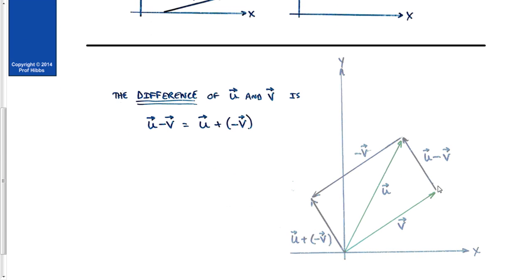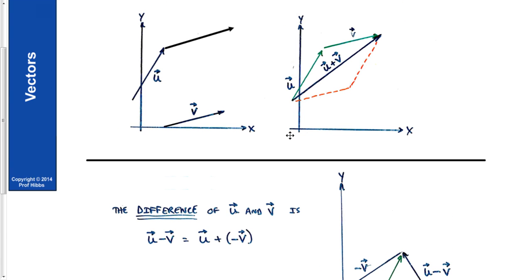And by the way, here's what I've really done. Let's imagine what we most like to do is have vectors, if we can, start at the origin. And so in the illustration below, I've taken this u and put its beginning point at the origin.